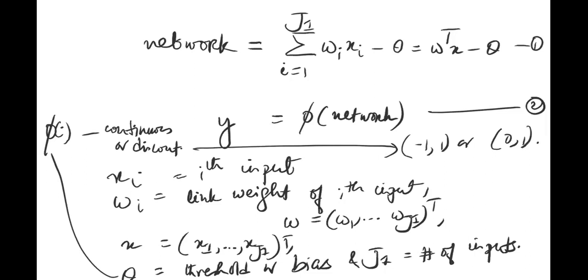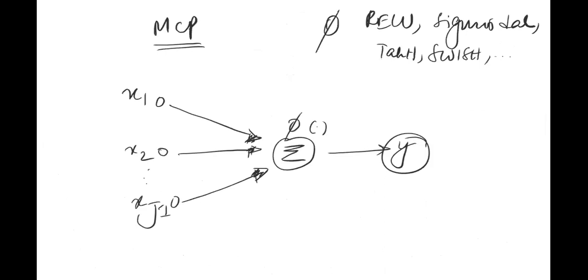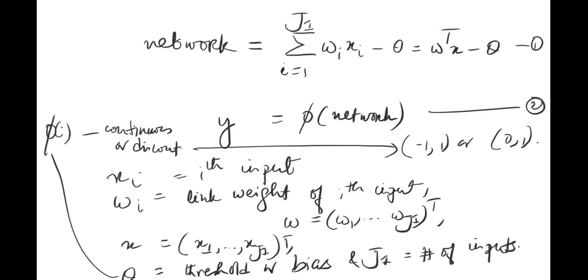So let's go back. Here you have your MCP model. These are your inputs, you pass them into your activation function, and you have your output. This is how the McCulloch and Pitts neuron model was constructed.